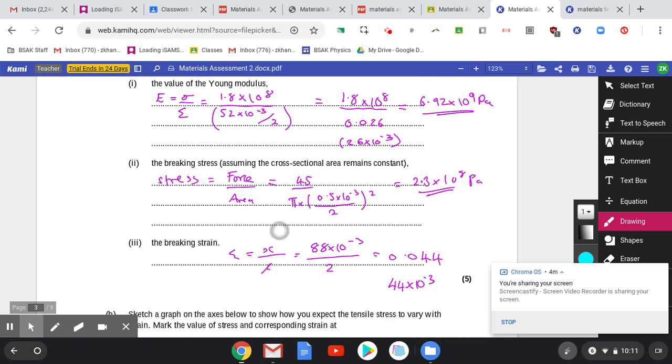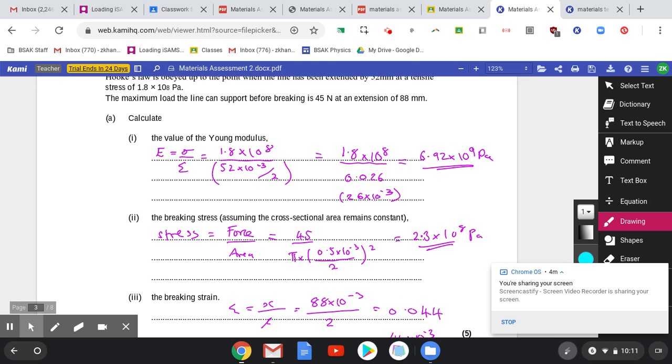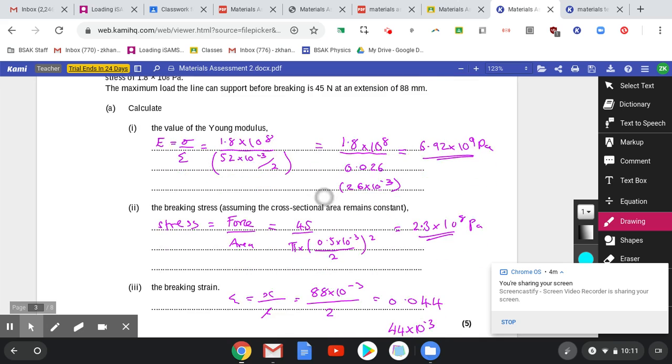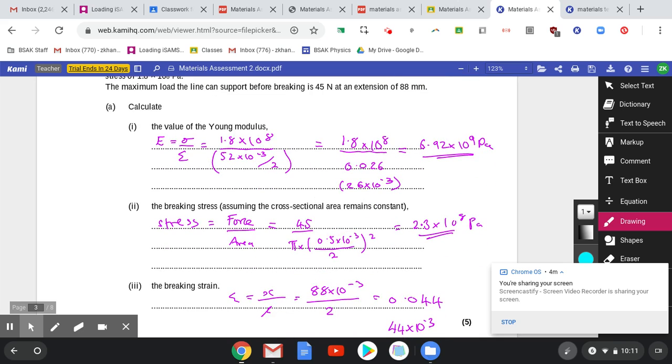So here I have to use pi r squared. This is the diameter divided by 2. I've put the diameter, remember it was 0.55 millimeters. I need to change that into meters. Divide by 2, get into radius in meters, square it, times it by pi, and then do 45 divided by that, and I end up with 2.3 times 10 to the 8 pascals.